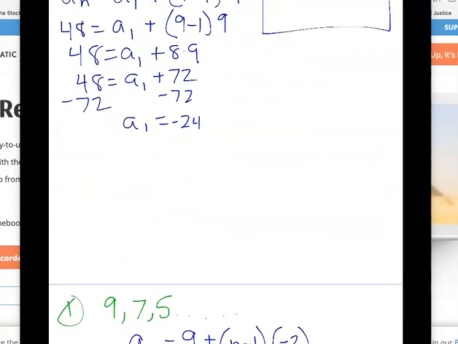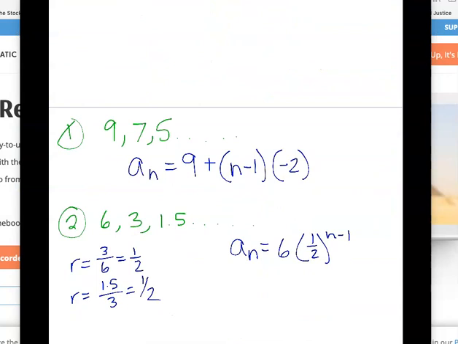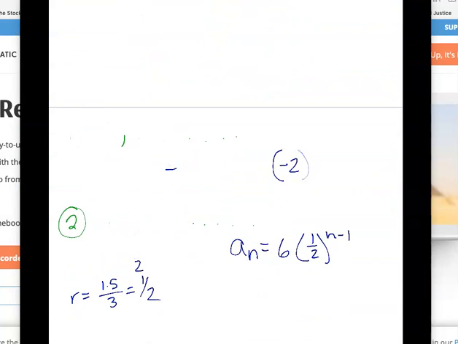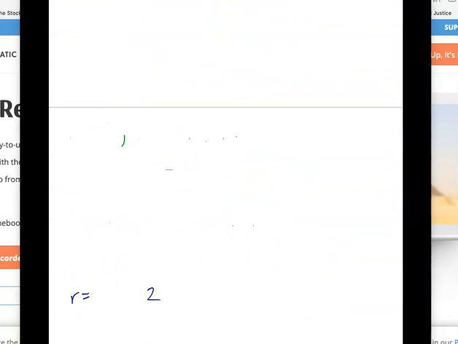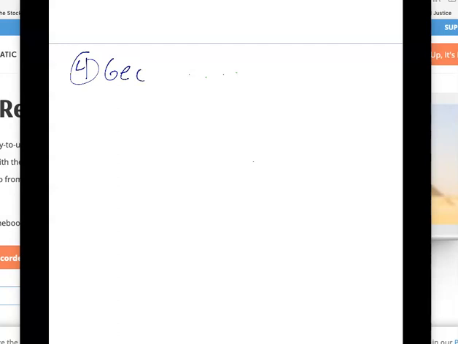So let's see what this would look like if we looked at one that was geometric. So in a geometric sequence, let's say the second term equals negative 6 and the 5th term equals 162.